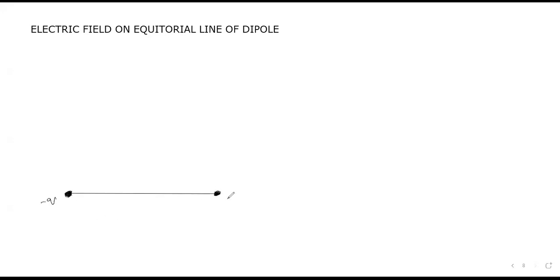These are two charges, minus Q and plus Q. And at the equatorial position, we are taking a point P here.